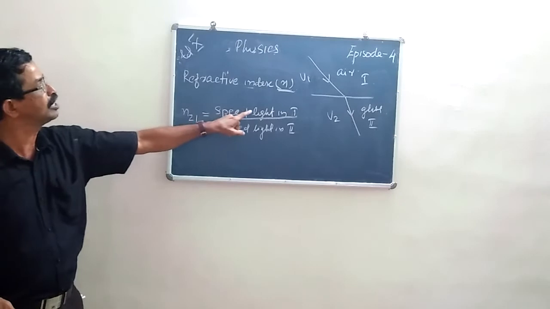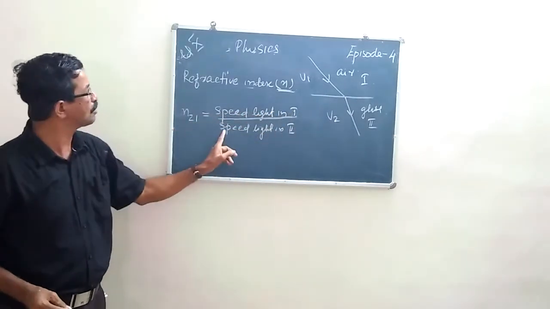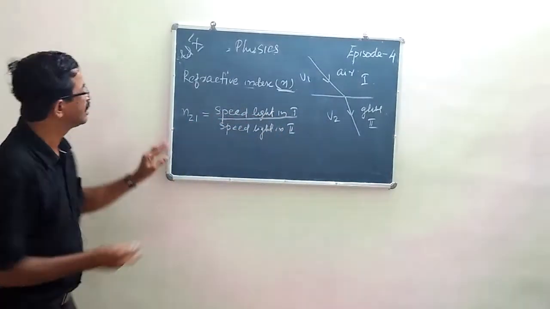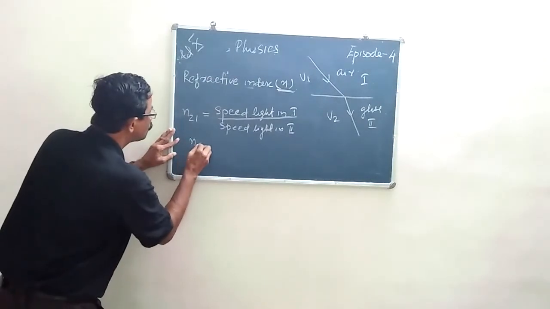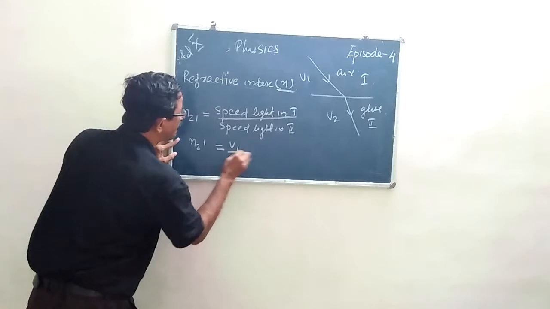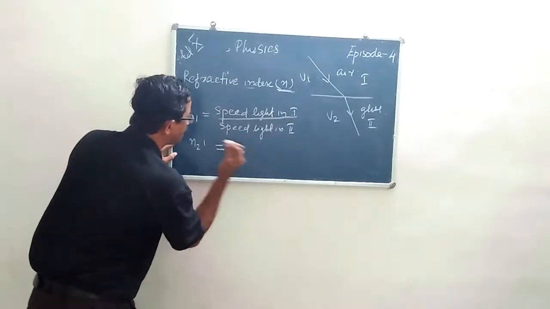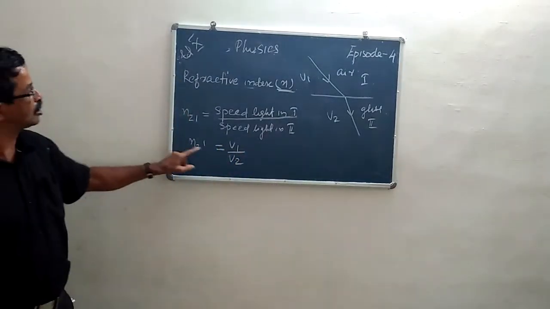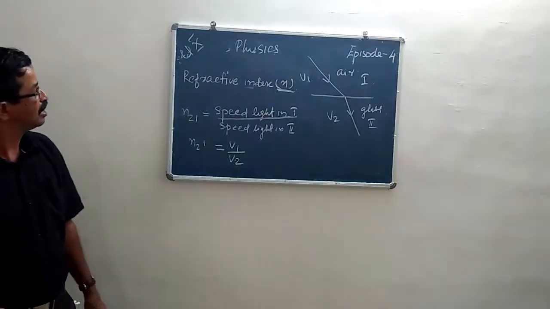That is equal to speed of light in first by speed of light in the second, or n21. Speed of light in first we take as v1 and second we took as v2. So n21 is equal to v1 by v2.